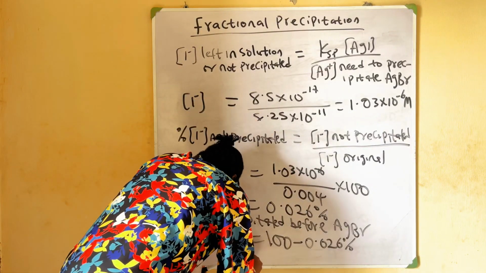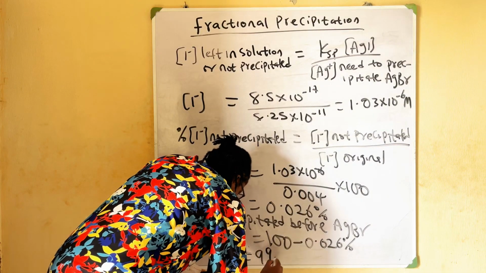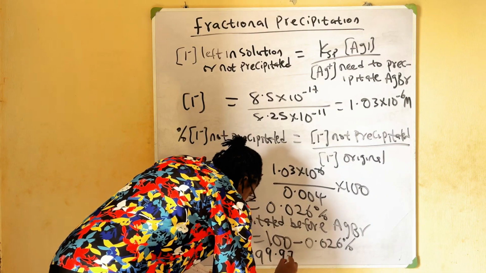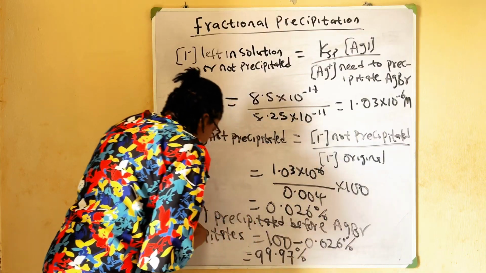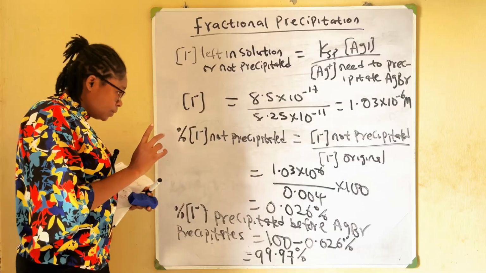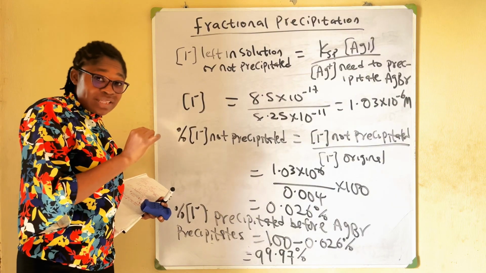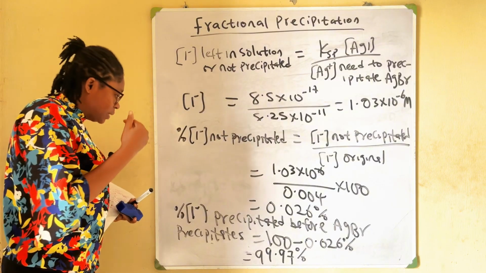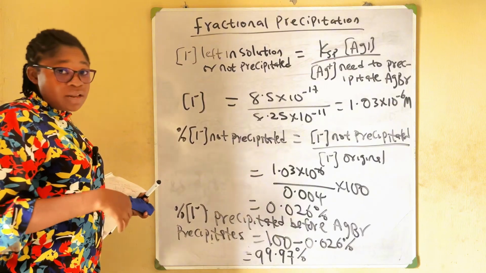So it will now be 99.97%. So it means that 99.9% of silver iodide precipitated before silver bromide precipitates.